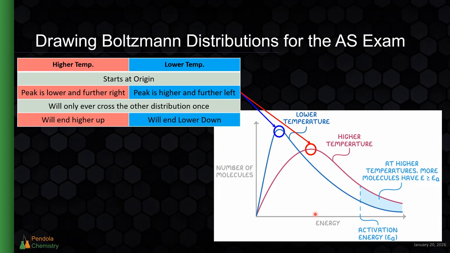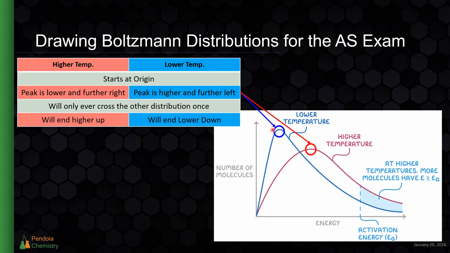The blue distribution and the red distribution, the lower temperature and higher temperature distributions, have the exact same amount of area below them, which means that in order to keep the area the same, if the peak is moved to the right for the higher temperature, it also flattens out, meaning that it needs to be lower, because that's how we keep the area under the distribution the same as for the lower temperature, which has a much bigger area vertically, while the higher temperature has a bigger area horizontally, meaning that their areas are the same. So the peak for the higher temperature should be lower and farther to the right.